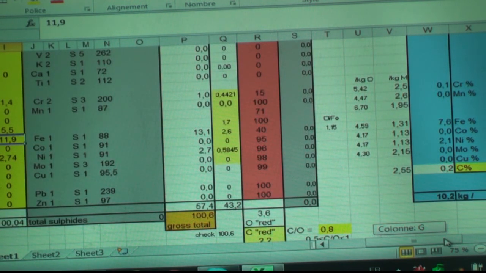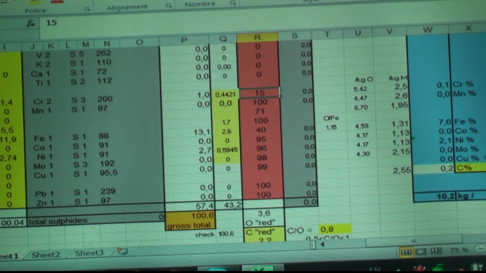And to me, what is a bit surprising is to have only 15% on the chromium. But okay, that is correct, because in the ferromanganese furnace you target 7% carbon in the metal. So in that case, it is very, very reducing conditions.